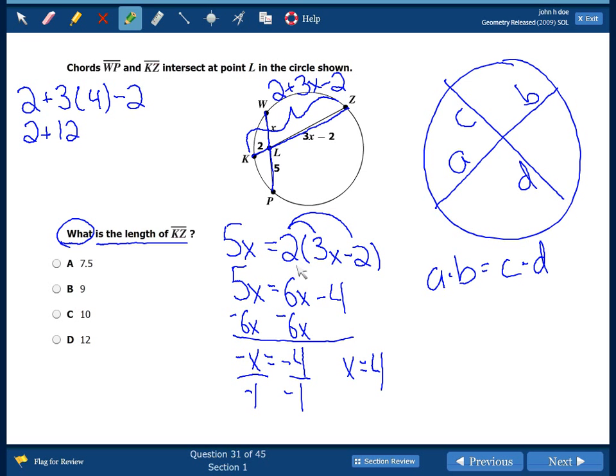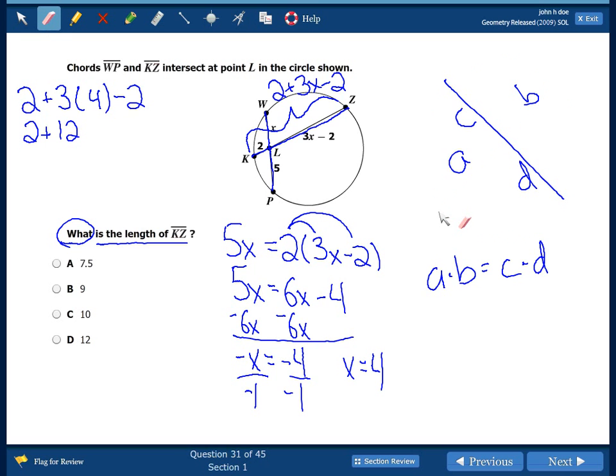And this is just going to be 12. So the answer for number 31 is D.